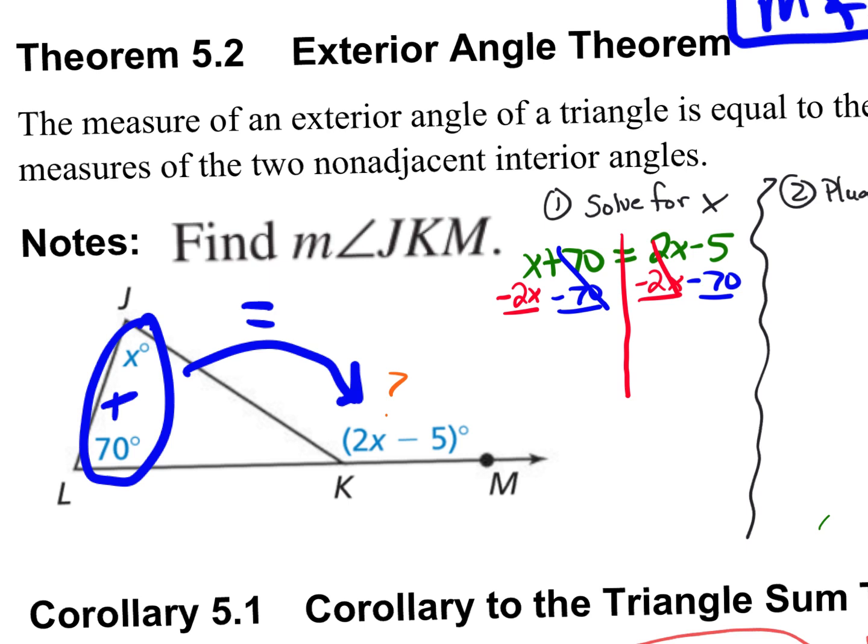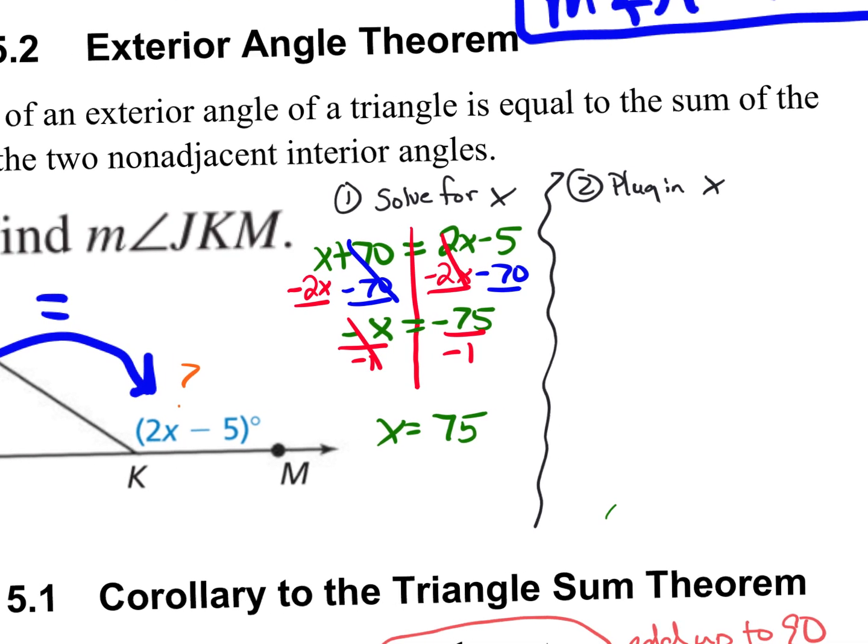And then on the left side, I've got x minus 2x, which is negative 1x, or negative x. Negative 5 minus 70 is negative 75. Now I just need to divide by negative 1. So x is equal to 75. Then we need to plug it into angle JKM. So angle JKM right now is 2x minus 5.